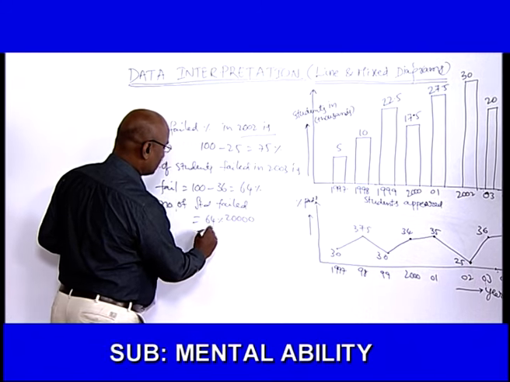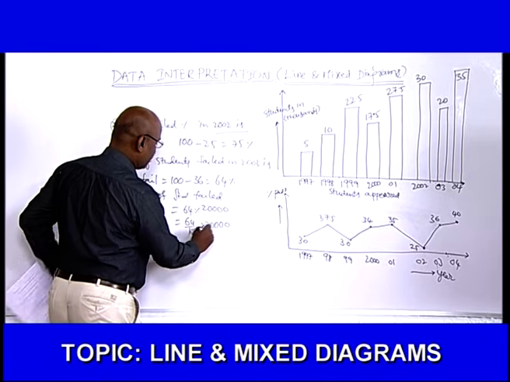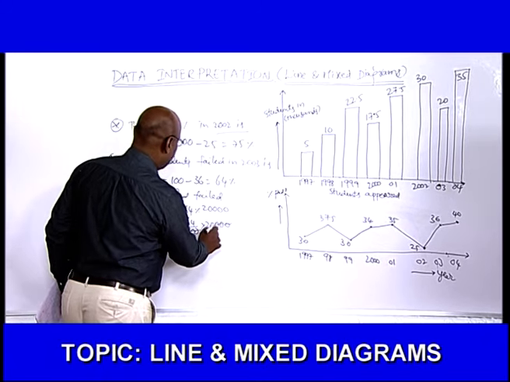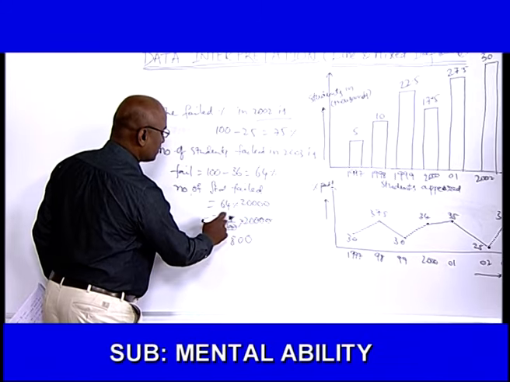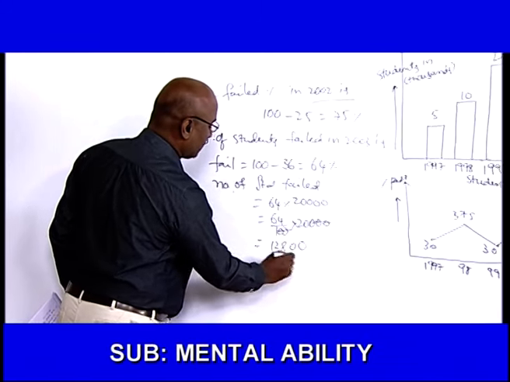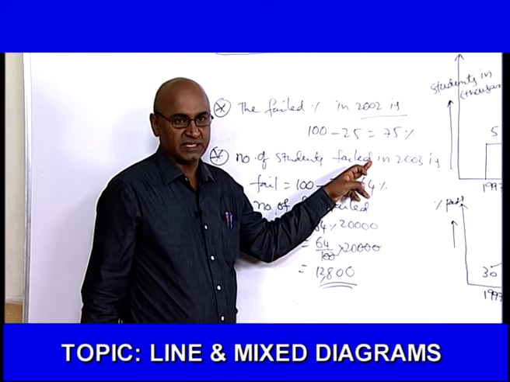So that is equal to 64 by 100 into 20,000, that is equal to 200 into 64. 2 zeros are there, 2 fours are 8, 2 sixes are 12. So 12,800 students failed in the examination in the year 2003.